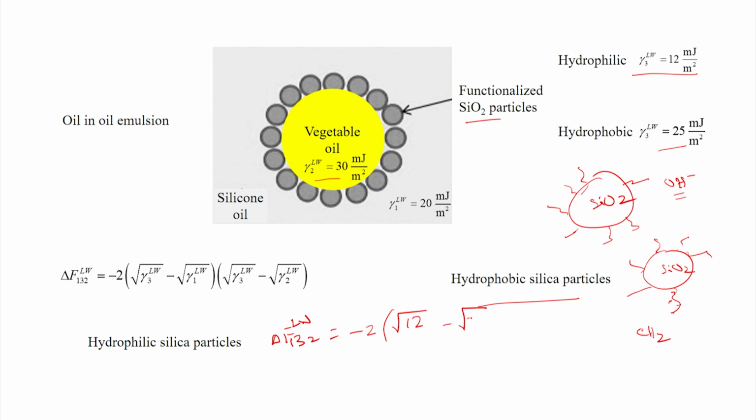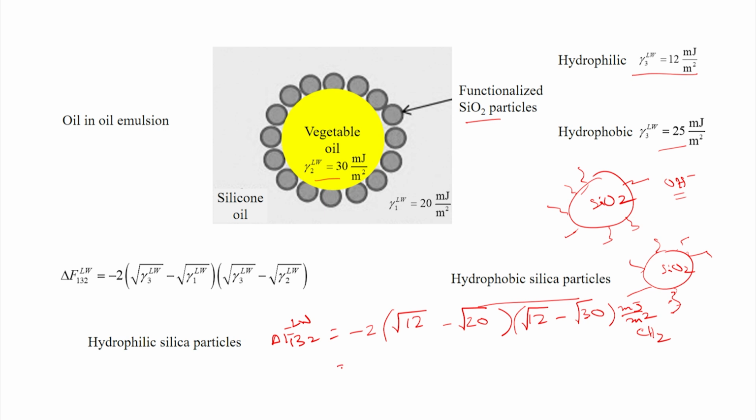Gamma 1 is 20 here, into the square root of gamma 3, this is 12 here, minus the square root of gamma 2. Gamma 2 is 30 here, in millijoule per meter square.